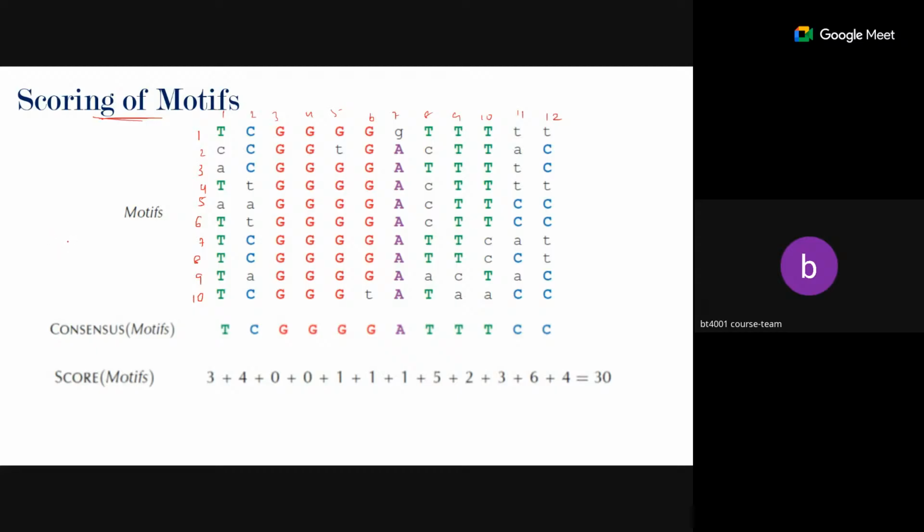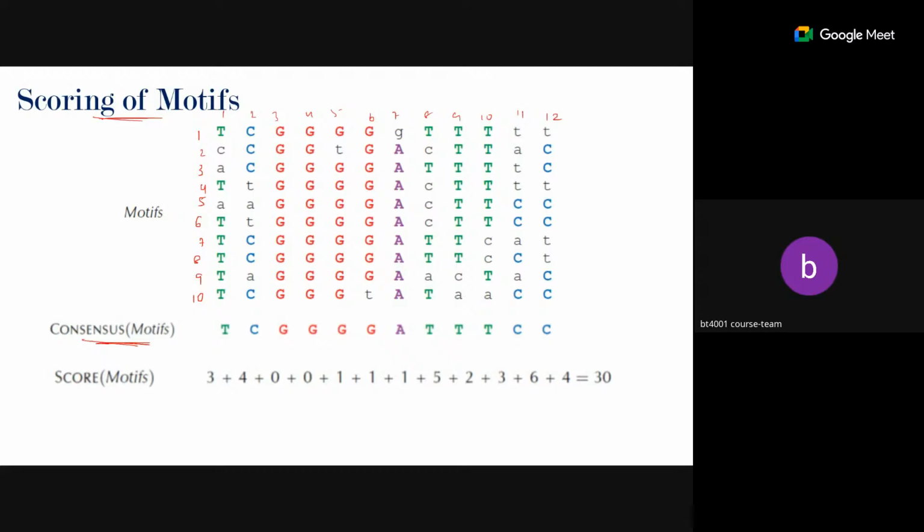First, we'll begin with what is called the consensus of the motifs. This is more like a reference genome that you saw in week 6. It is what is most likely to be the actual motif, but there are some mutations in some of these motifs, which are variations of the actual motif.